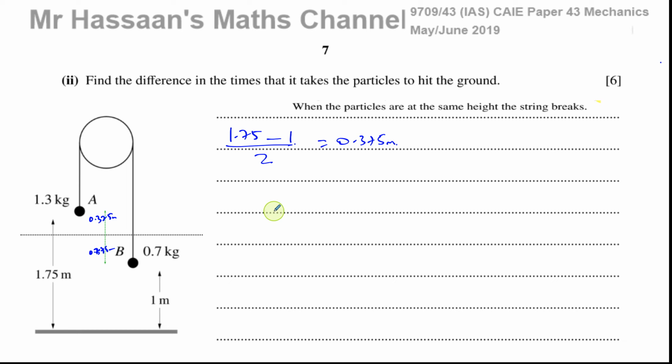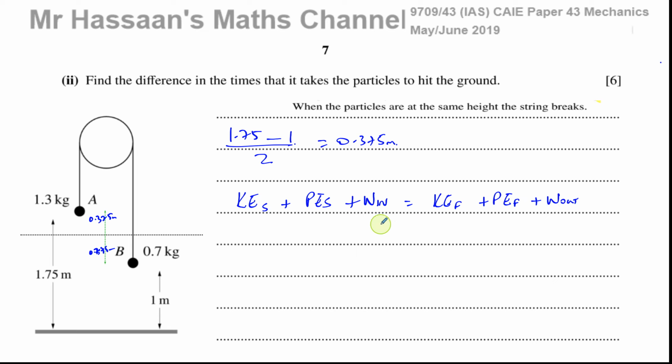We're going to work out what that speed is, and in this case we're going to use the work energy principle. The total kinetic energy at the start, plus the potential energy at the start, plus the work in, is equal to the final kinetic energy, plus the final potential energy, plus the work out.